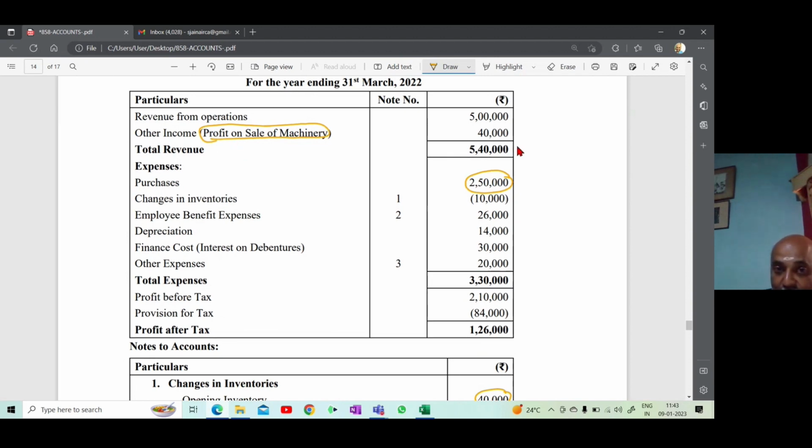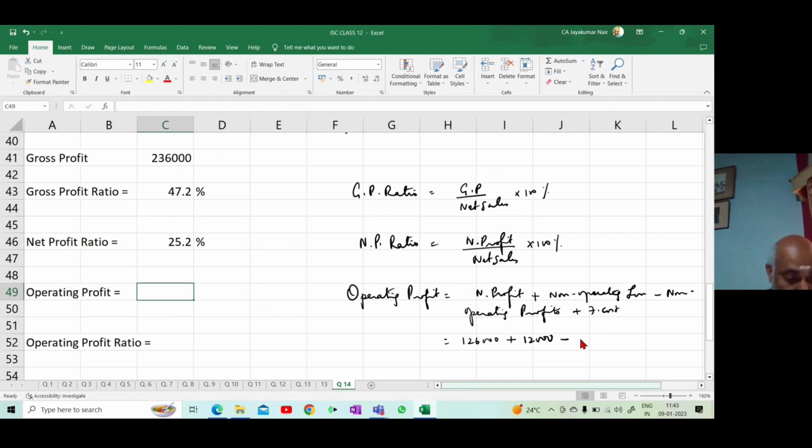It's an asset that you have sold. So this profit has to be deducted, which is 40,000. And then add the finance cost, because finance cost is a financing activity, not an operating activity. Therefore, you have to add back the 30,000. So you will get what is operating profit.